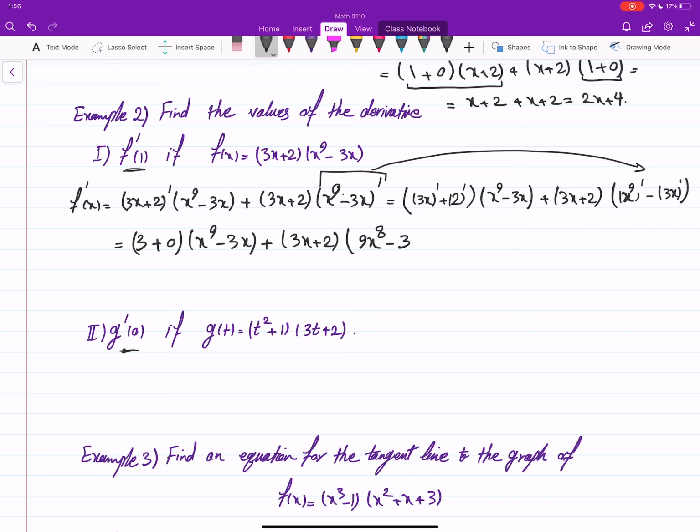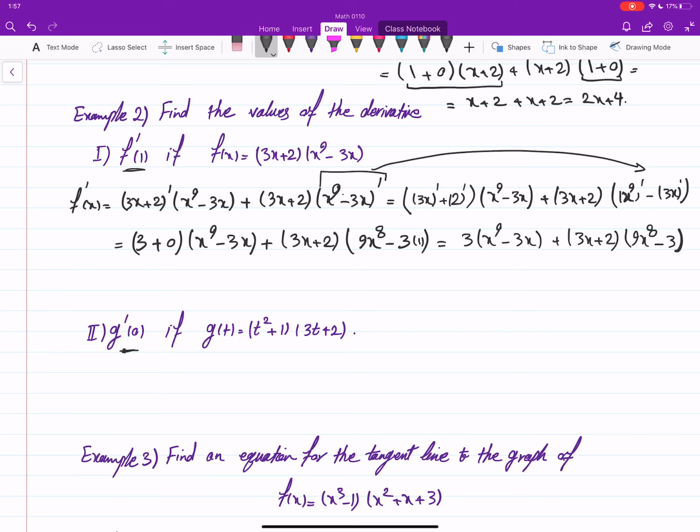Derivative of x is just 1. That gives us 3 times x to the 9 minus 3x plus 3x plus 2 times 9x to the 8 minus 3.